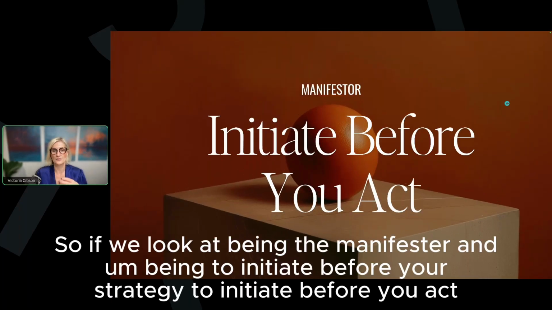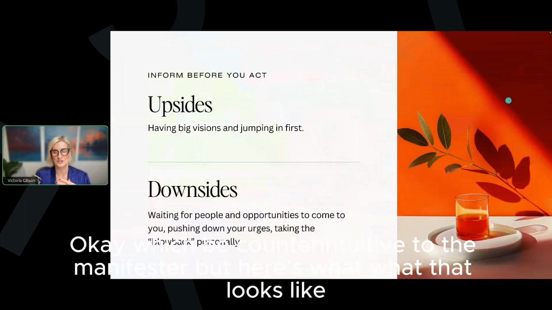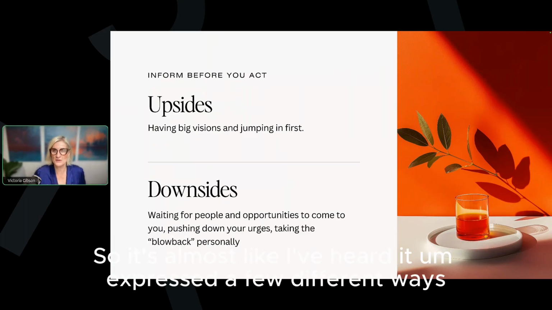So if we look at being the Manifestor, and being able to inform before you act, which can be counterintuitive to the Manifestor, here's what that looks like. The upside is you have big visions and you can jump in first, as long as you're informing. I've heard it expressed a few different ways.